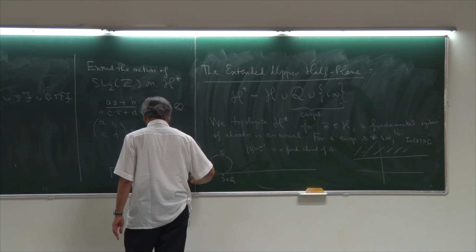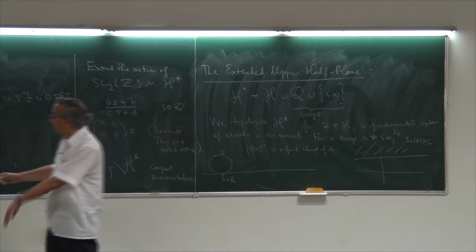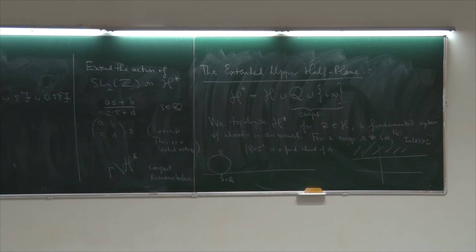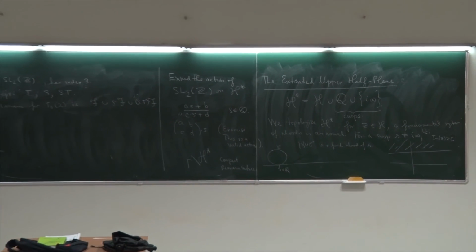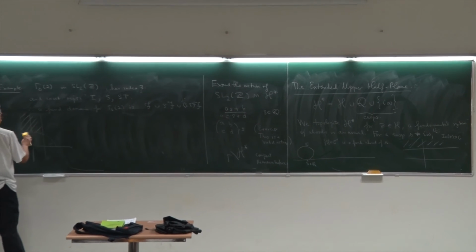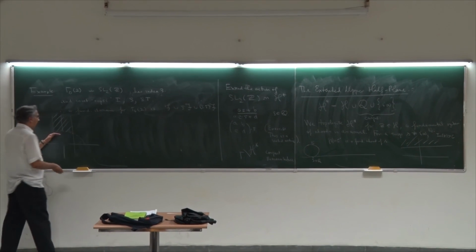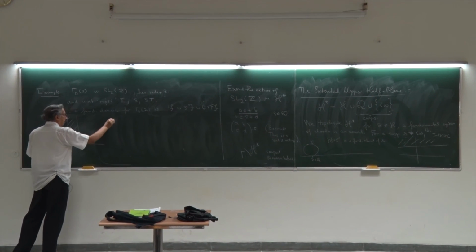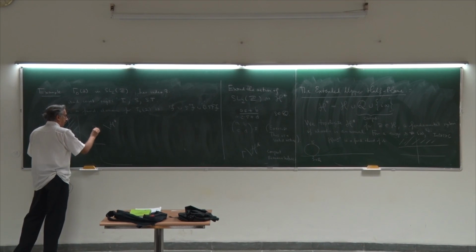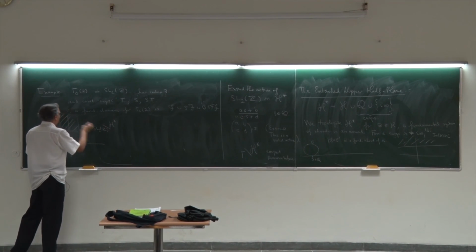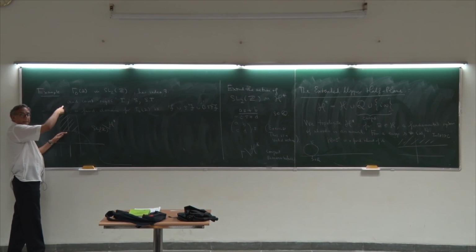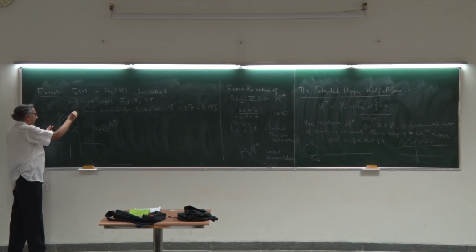Notice that in the case of SL2Z, with the standard fundamental domain, if I talk about H star modulo SL2Z, well, we have this point at infinity, and so these two lines are identified, and when you look at the transformation S, it maps this line to this line.